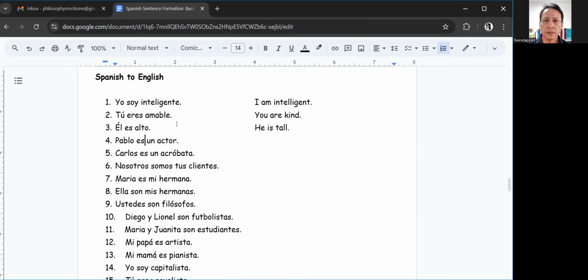I could just say Pablo es actor, but here I put it in because I think it's good to remember the gender of the noun. So I'm throwing in the un and the una and the el and the la every once in a while. Pablo es un actor. Pablo is an actor.